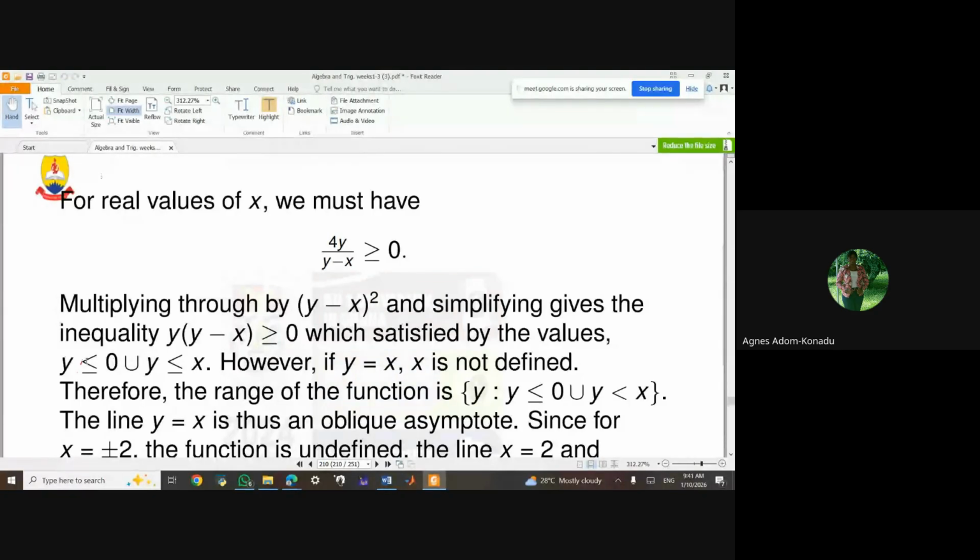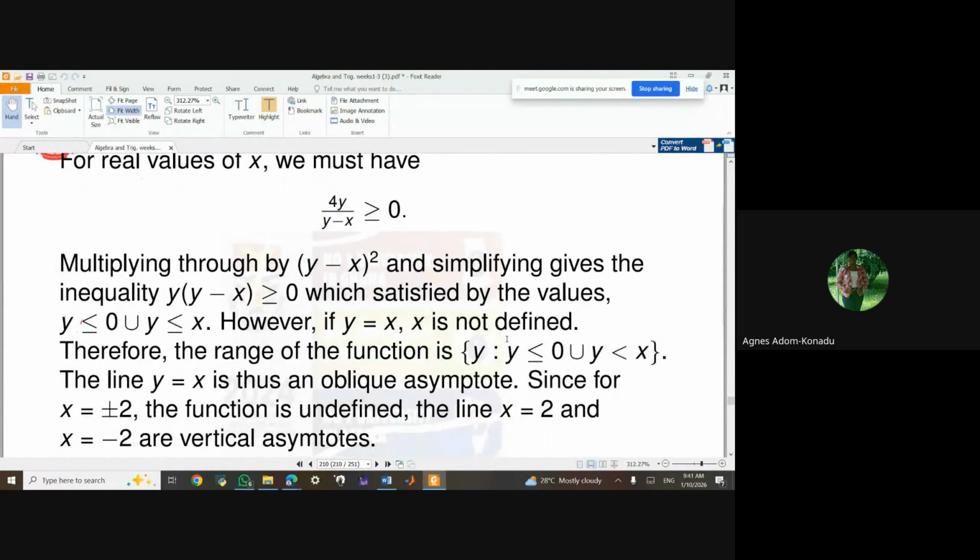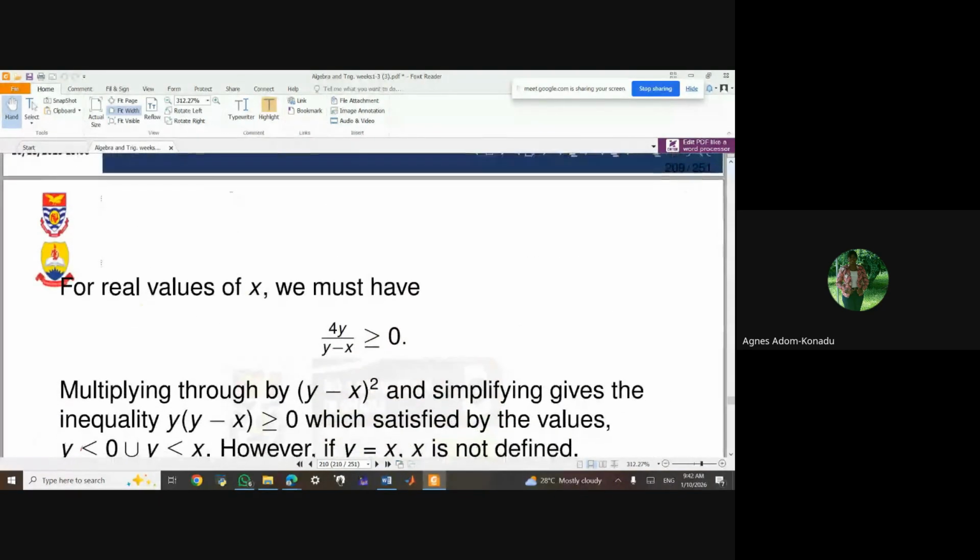When we solve, we're going to get y less than or equal to 0 union y greater than or equal to 4. So I taught you how to solve inequalities. However, if y equals x it is not defined. Therefore, the range of the function is y such that y is less than or equal to 0 and then y greater than x. So please, you solve that.